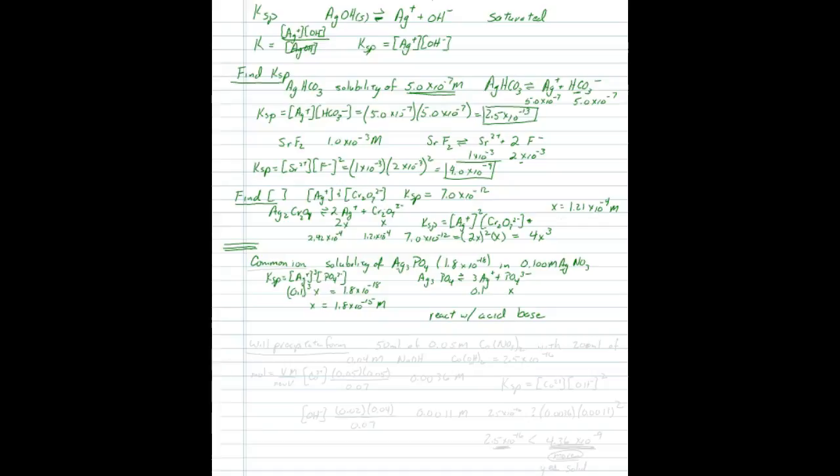And the last type is will a precipitate form. So will a precipitate form if you mix two different solutions together and they form a precipitate.